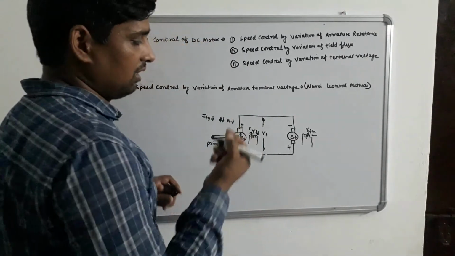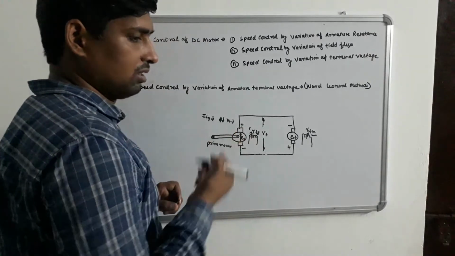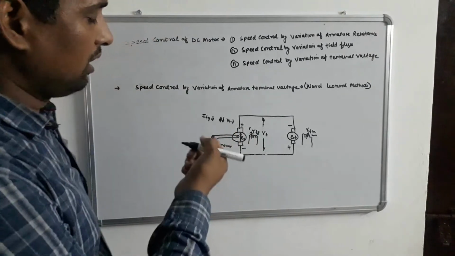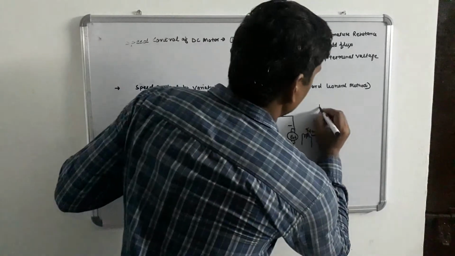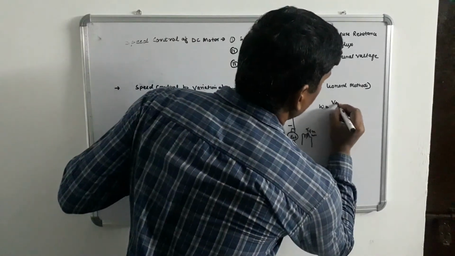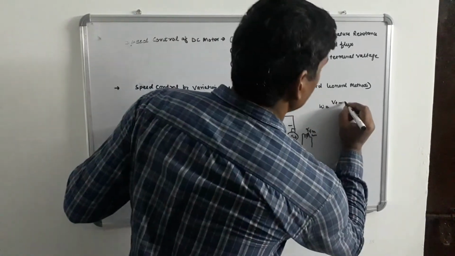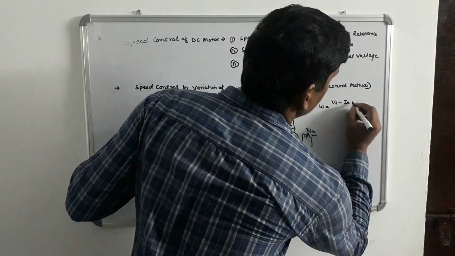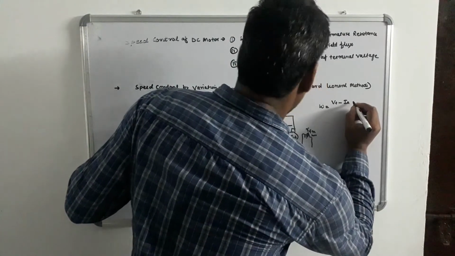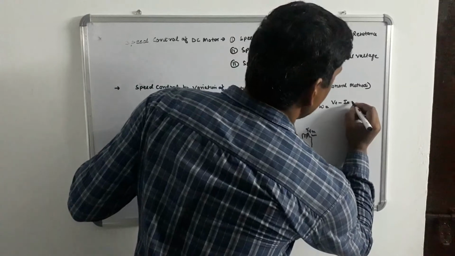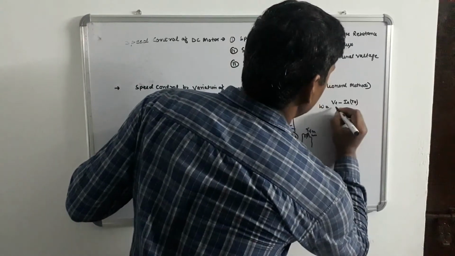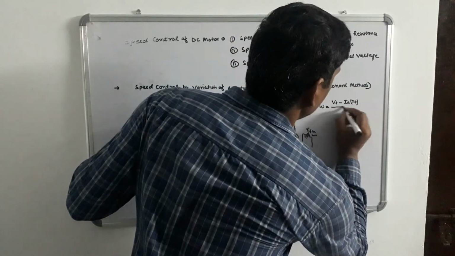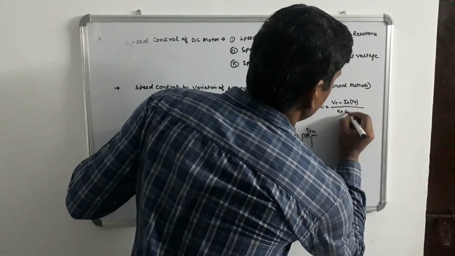We have already derived the equation: omega is equal to (Vt minus Ia Ra) divided by K phi.